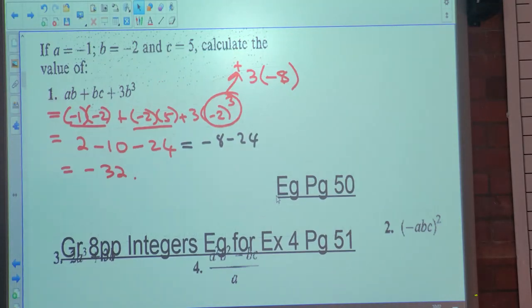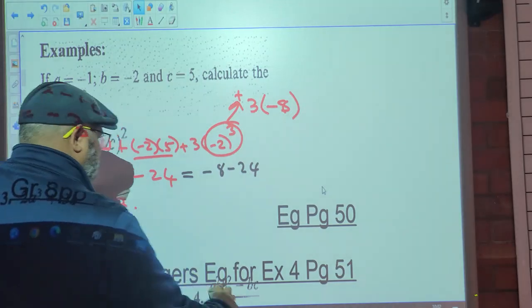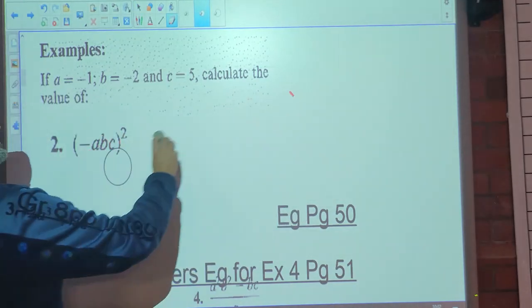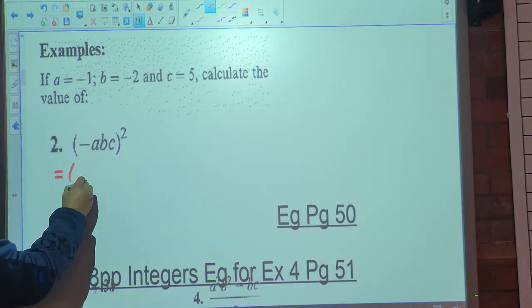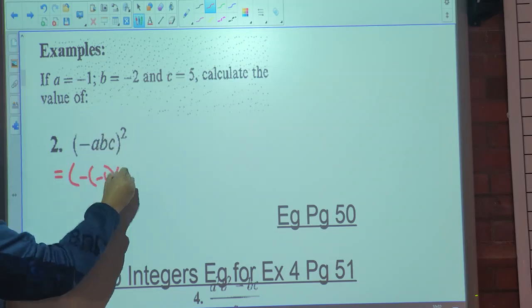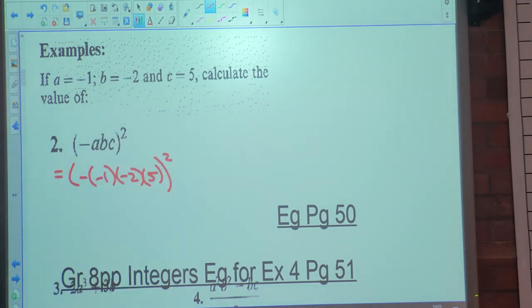Let's go with the next one. We're looking at number 2, sorry, number 3. In number 2, we are given open brackets, negative. What's your A value? -1. Your B value is -2. Your C value is 5. And it must all be squared. So what do I do? I do inside of the bracket first. So what do we get?